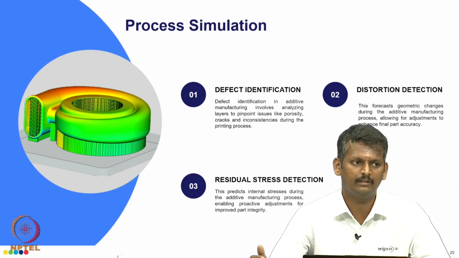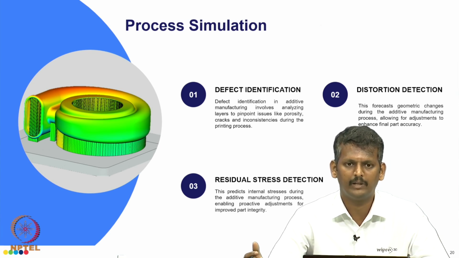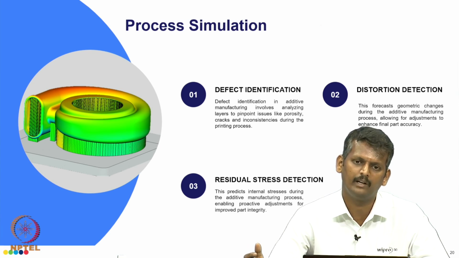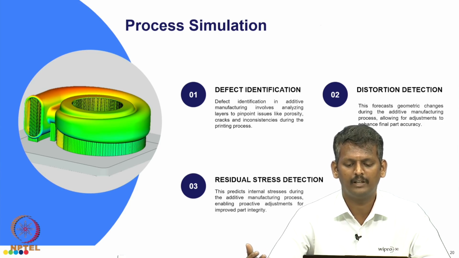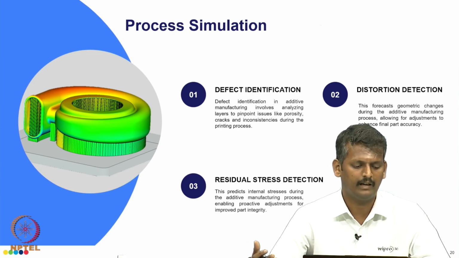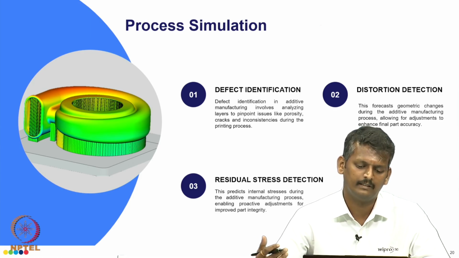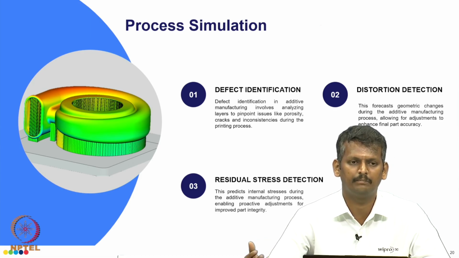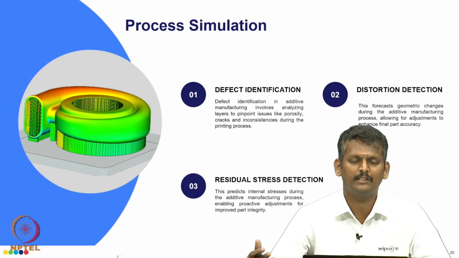The reason is that with LPBF technology itself, we might require a huge amount of material, and the material cost is also huge, and the machine running cost is also huge. In that kind of scenario, if we are running a print and after some 5 or 6 days the print fails, then the complete material is wasted, the printing time is wasted, and this has to be stopped.